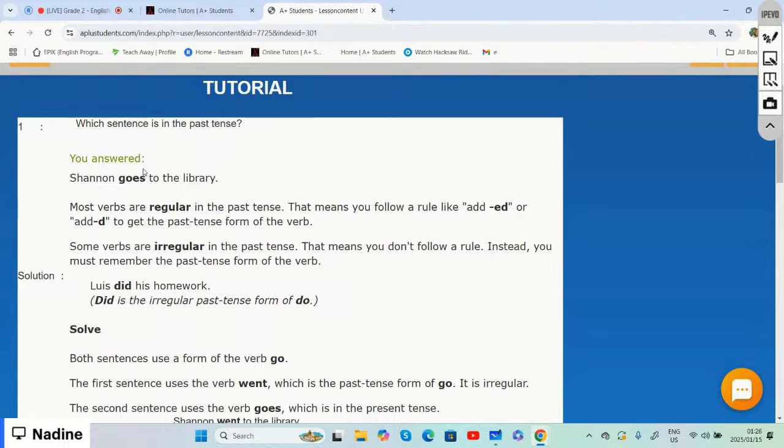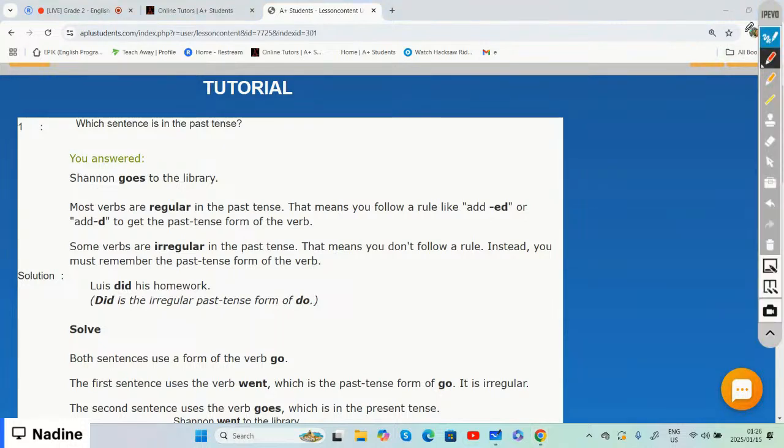If we say Shannon goes to the library, and then find the past tense of goes, goes is our verb, but the past tense form of goes is went. So do you see how the word changes from goes to went? Now went is the past tense form.